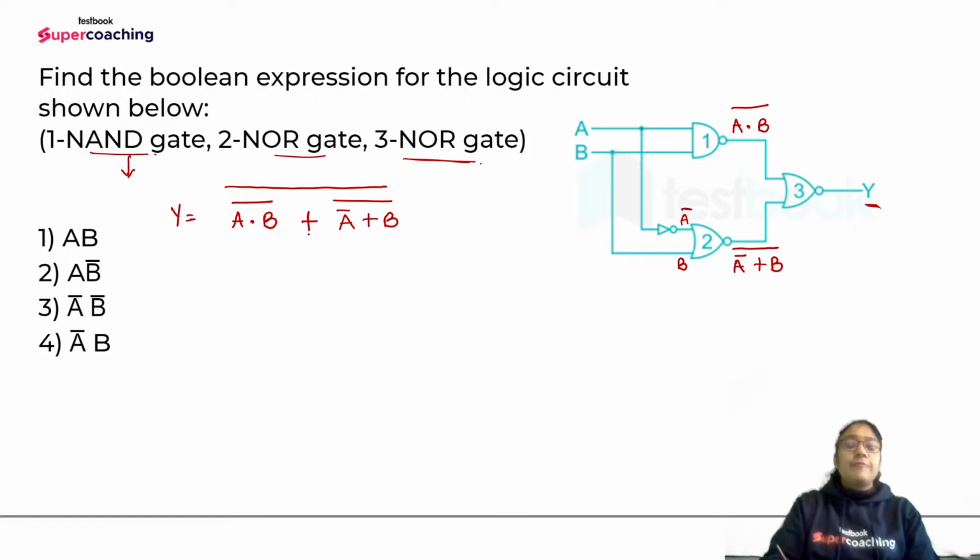Now simplify this expression. Which law will you be using to simplify this expression? First of all, you know that whenever a whole complement is given, we go for De Morgan's law.